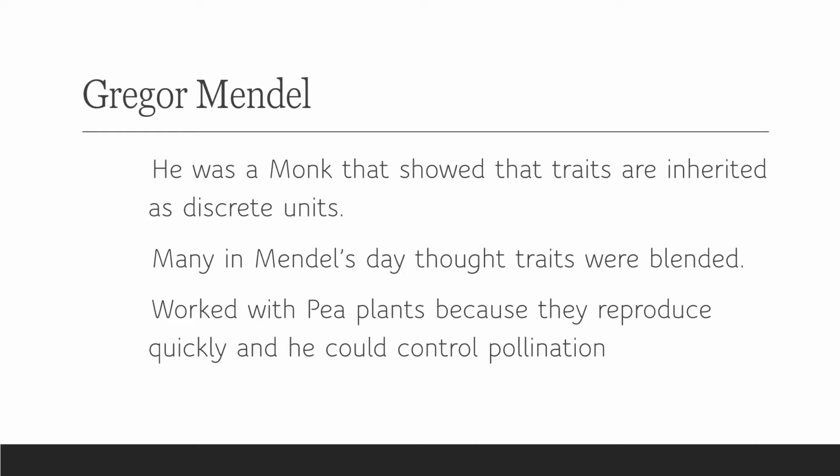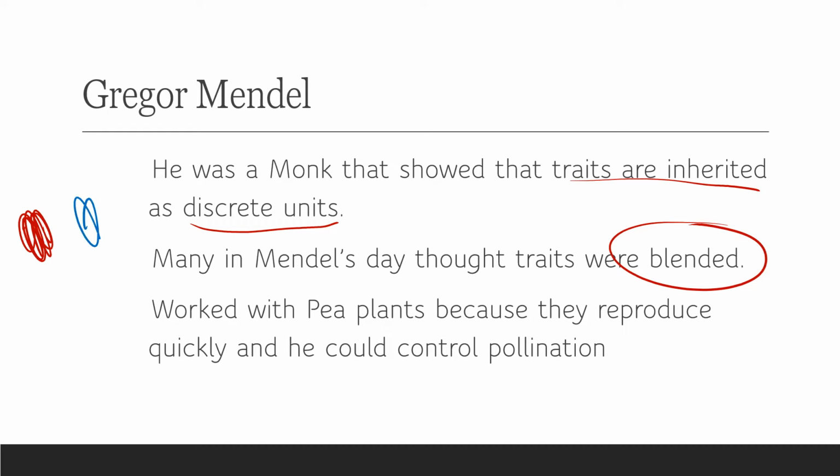Gregor Mendel is the person that showed how traits are inherited. He showed that they're inherited as discrete units. Many people back then thought traits were blended. What they mean by this is that if you had a red flower and you had a blue flower and you cross those two things together, you would end up with a purple flower.